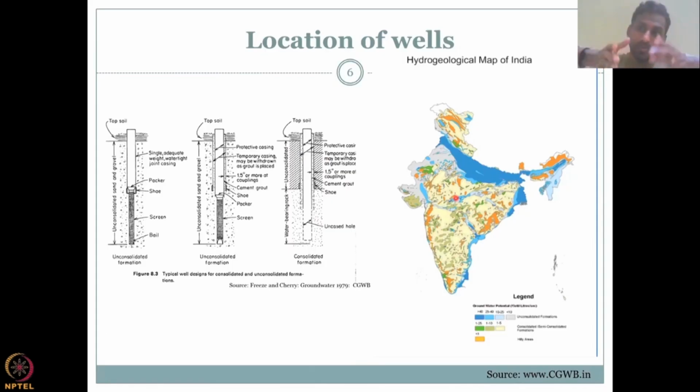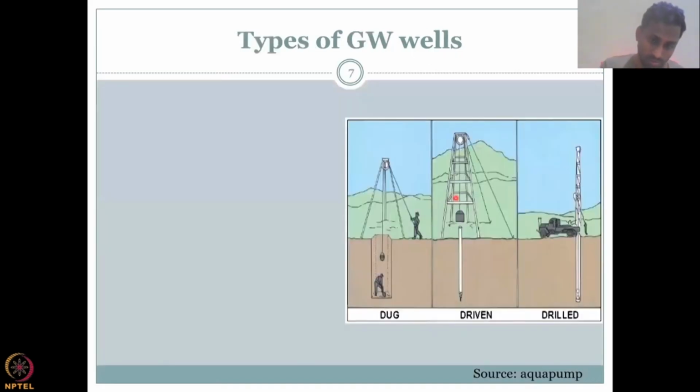You have a casing so that water doesn't come in, but the water is taken from the deep aquifers, and the deep aquifers are consolidated formations. Okay, they have rigid consolidated formations, and that enables the water to be stored in small pockets, which they extract using these wells.